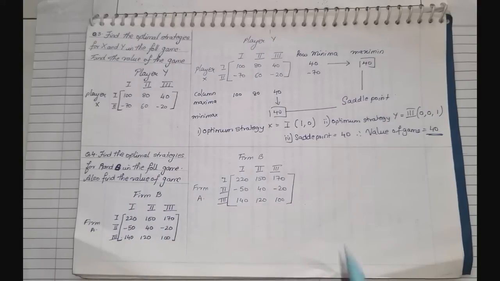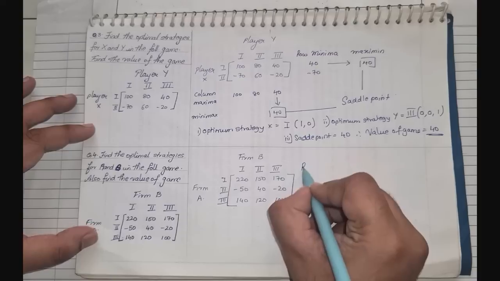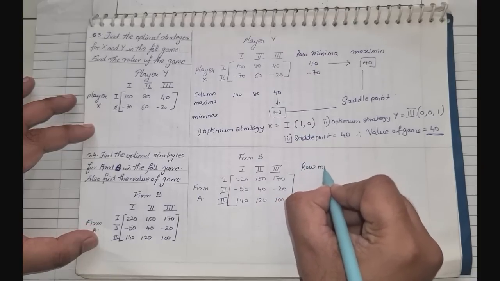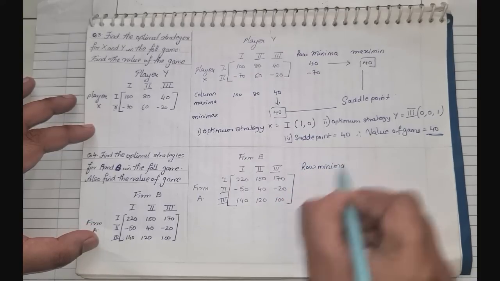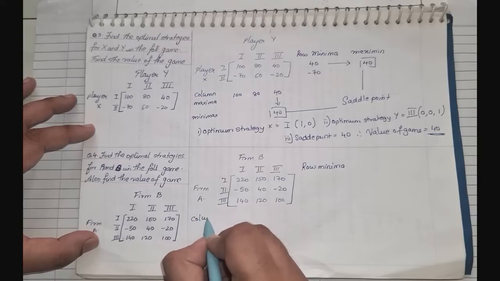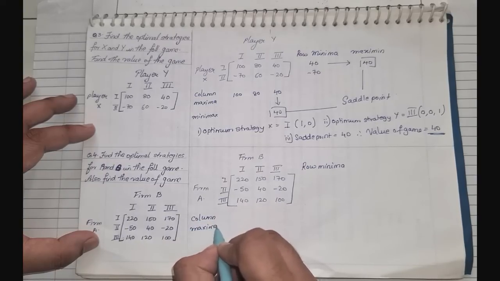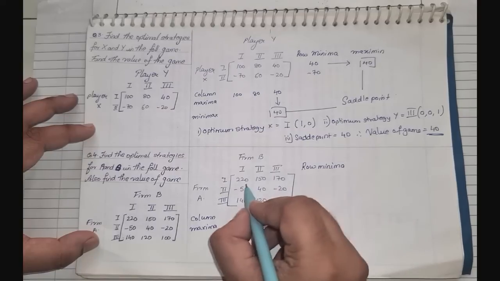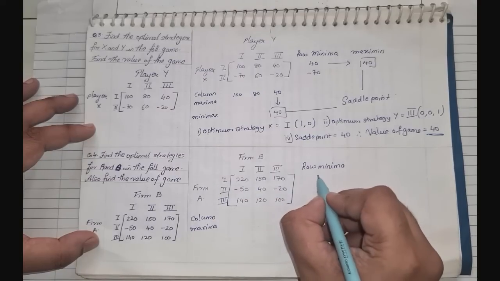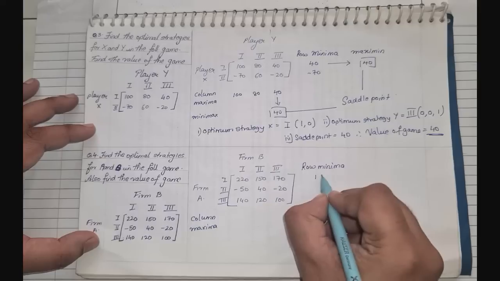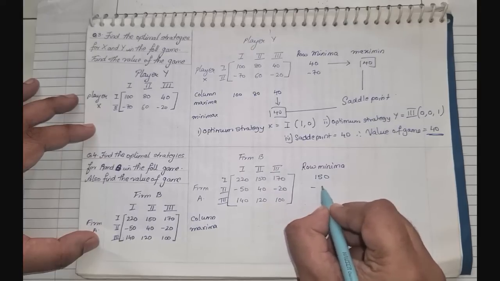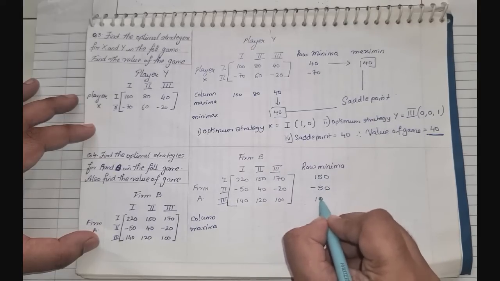Okay, so we have firm A and firm B. Step number 1, row minima. Step number 2 will be column maxima. Okay, in row minima, in the very first row, the minimum value is 150. In the second, minus 50. In the third, 100.